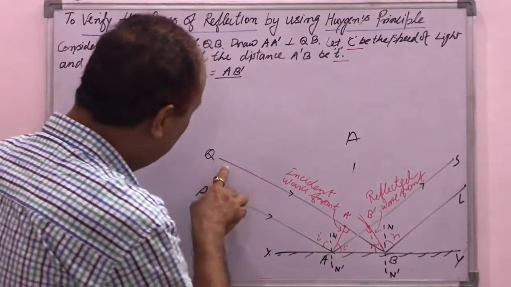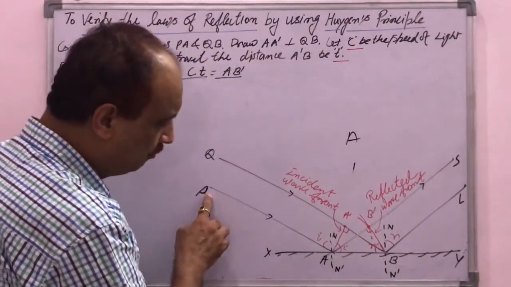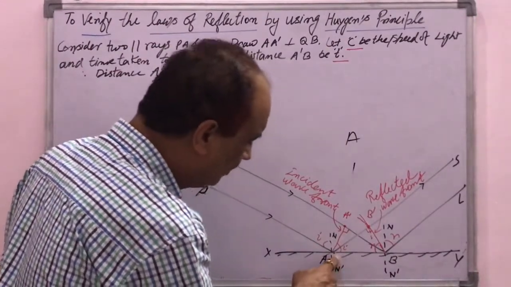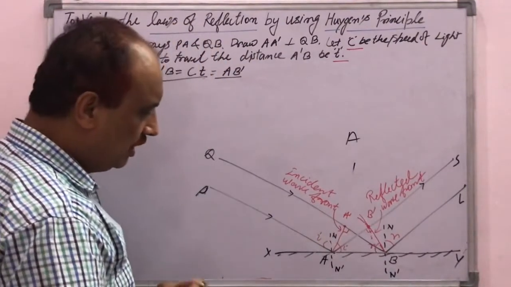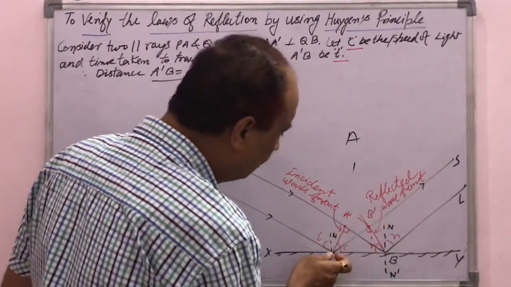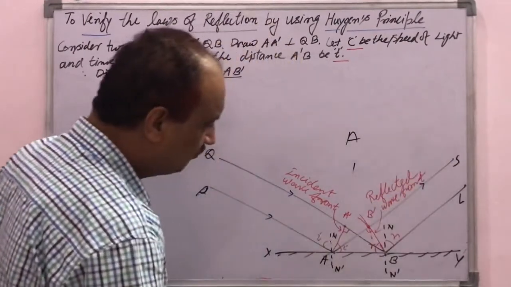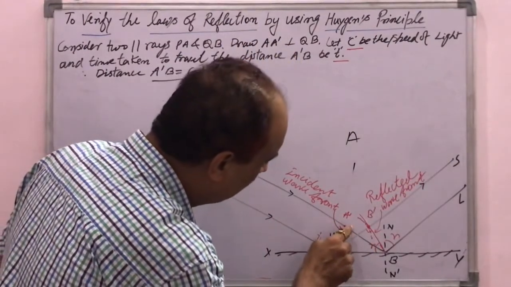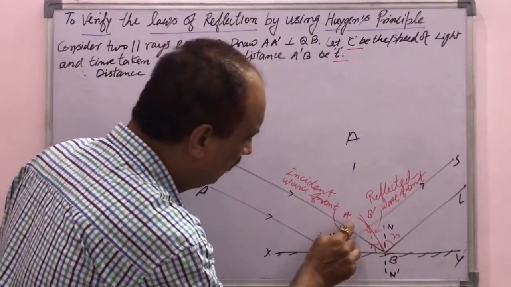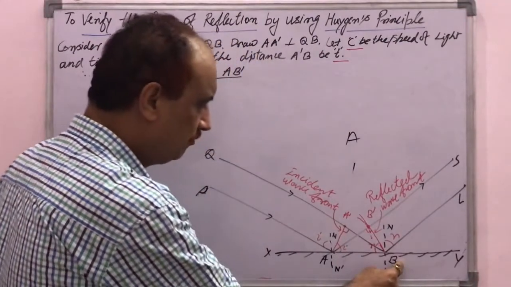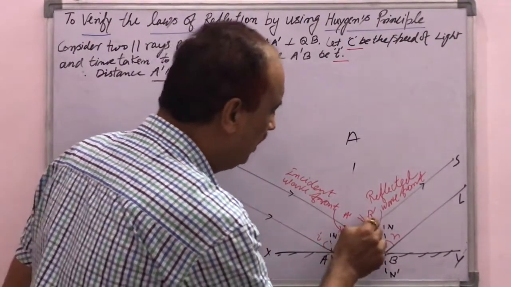When the disturbance reaches from Q to A dash, at the same moment the disturbance reaches from P to A, and secondary wavelets are produced in the form of spheres. They propagate with the same velocity c along the reflected ray AS, while the disturbance propagates continuously from A dash to B. When the disturbance reaches from A dash to B, the secondary wavelets reach from A to B dash.